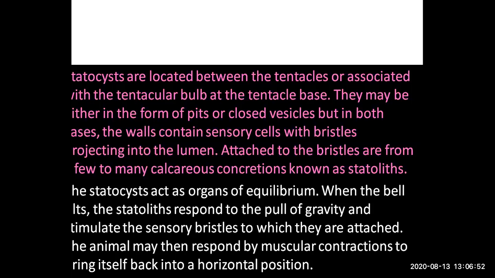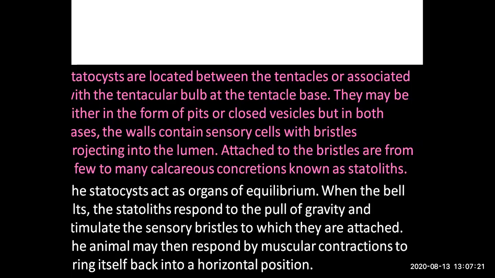The statocysts are located between the tentacles, associated with the tentacular bulbs at the tentacle base. They may be in the form of pits or closed vesicles, but in both cases the wall contains sensory cells with bristles.